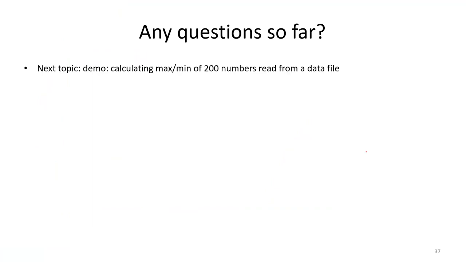Okay, so now let's take a look at an example that is a little bit more focused on something a data scientist or engineer might do. I would like to code up from scratch a program that calculates the maximum and minimum value of 200 numbers read from a data file. I highly recommend you try going back through this demo on your own or code along with me.